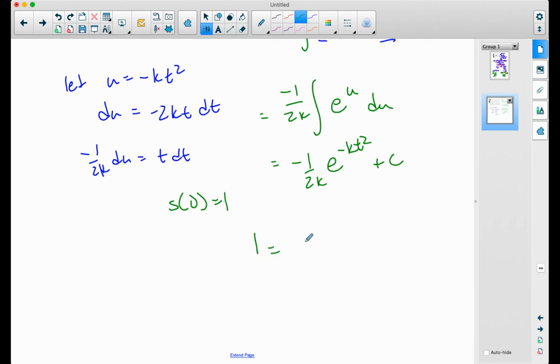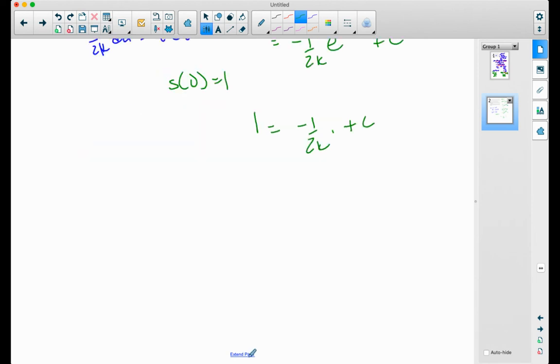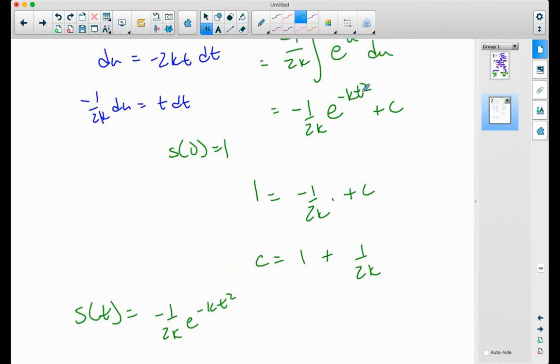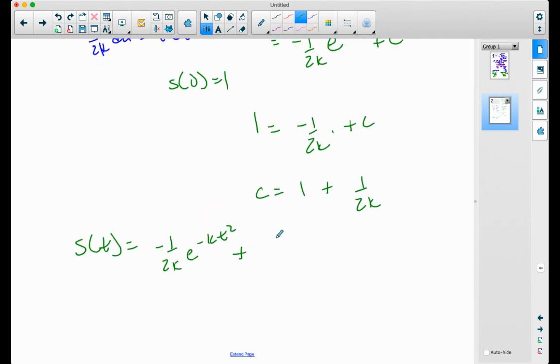So 1 is equal to negative 1 over 2k times e to the 0 in here, which is going to be 1, plus c. And so c is equal to 1 plus 1 over 2k. And so my s function is negative 1 over 2k e to the negative kt squared, plus the c value, plus 1 over 2k. Here is my distance function, displacement function.